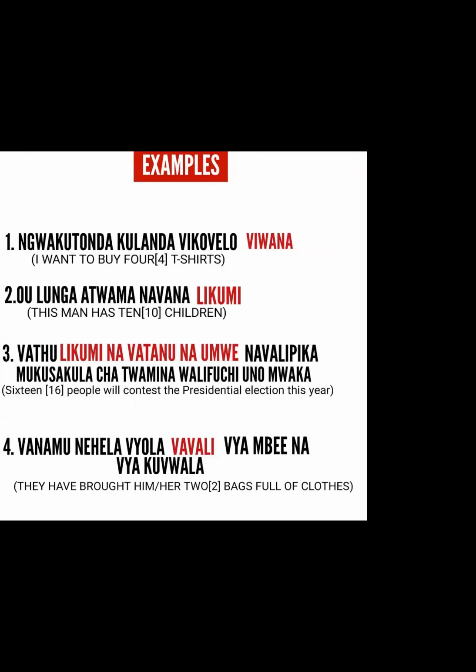So in as much as we have looked at numbers in general, in Luvale, numbers also take the form of persons or a thing. When we're referring to a thing, numbers would change their form. And also when we're referring to animals or people, numbers also would change their form.